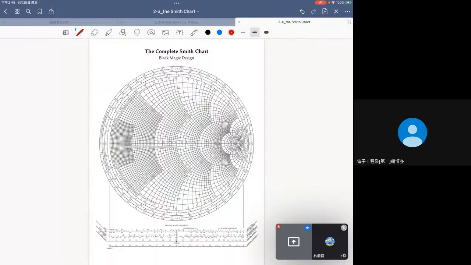So all of you can bring your Smith chart.